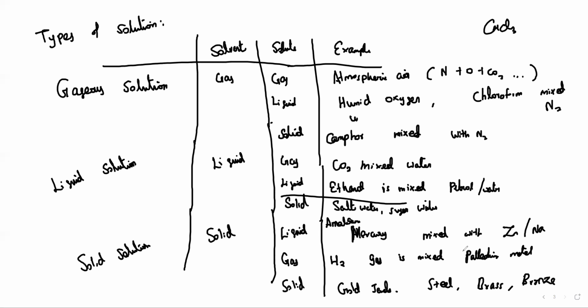So these are some basic examples for types of solutions. Mostly we will be studying the binary solution only, and in that the main focus is the solid-liquid solution, which means solid will be the solute and liquid will be the solvent. That kind of solution we will be using most of the time.